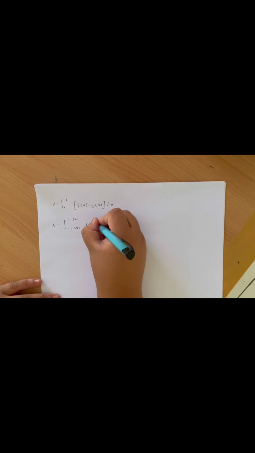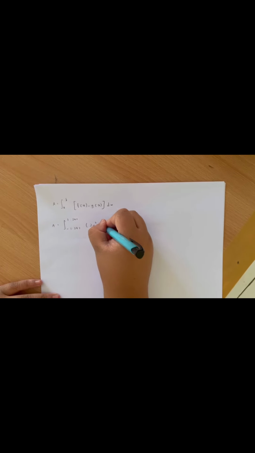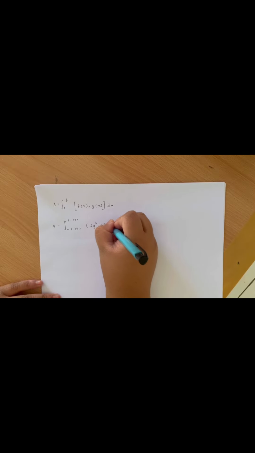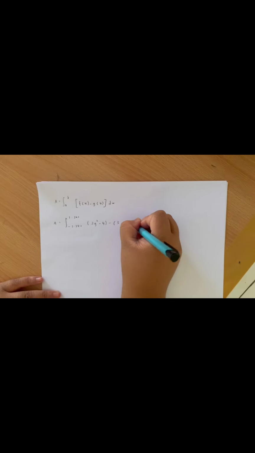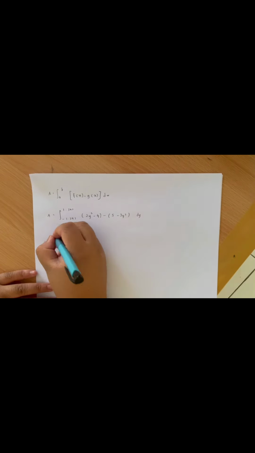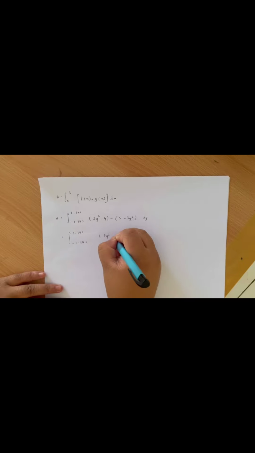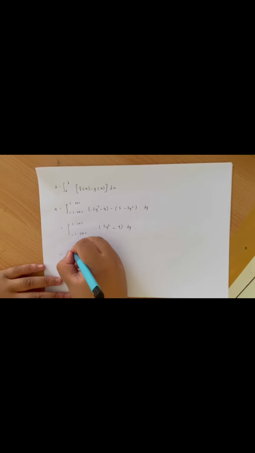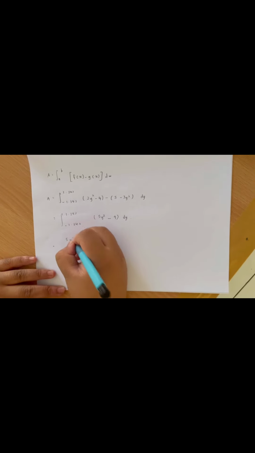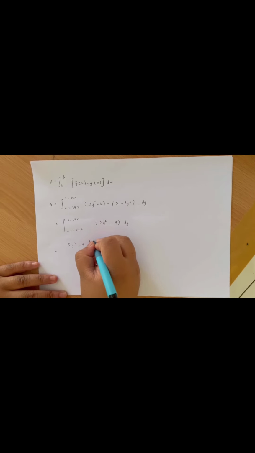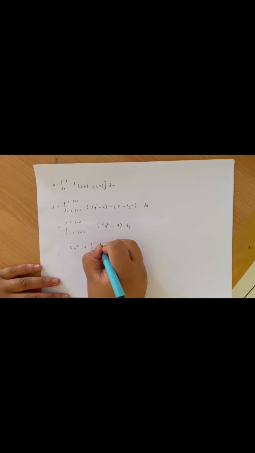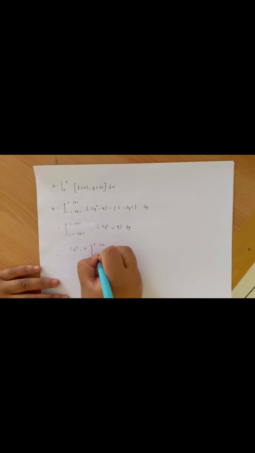The integrand is y power of 2 minus 4 minus (5 minus 3y power of 2) dy, which gives 4y power of 2 minus 9, from -1.342 to 1.342.